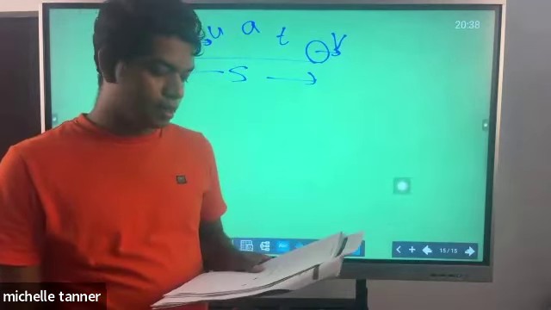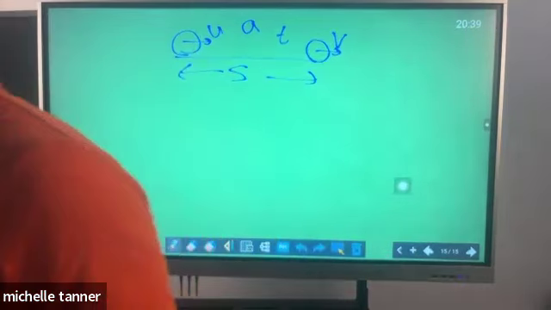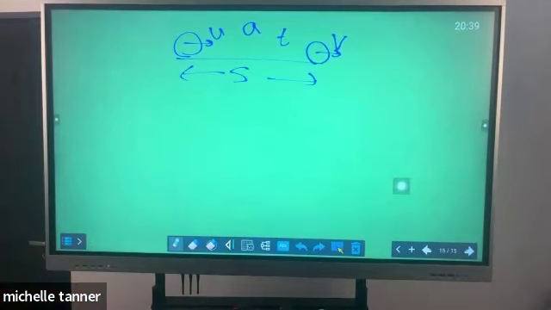I repeat again. Let capital V be the final velocity of an object whose initial velocity is u, which has traveled for a period of time t with a uniform acceleration of a.